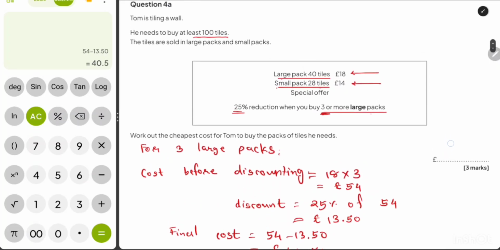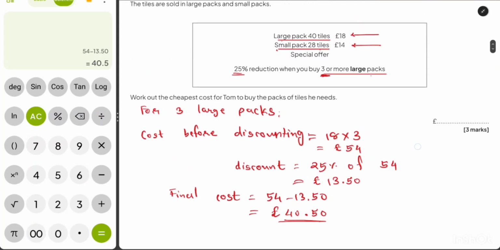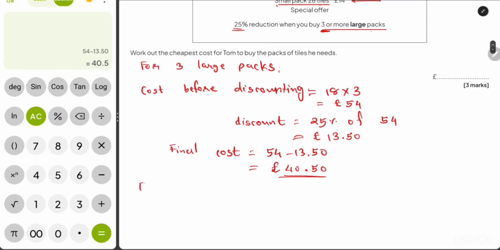Now let's take the minimum order he can do. That will be if he's buying large packs of, let's say, 2. So that will be 40 tiles, and then he buys 1 small pack. In that case he'll not be able to get the discount. But of course, let's find the cost for that.